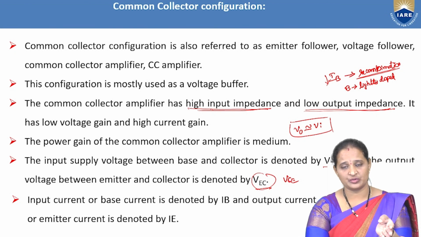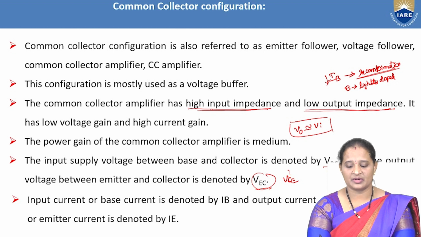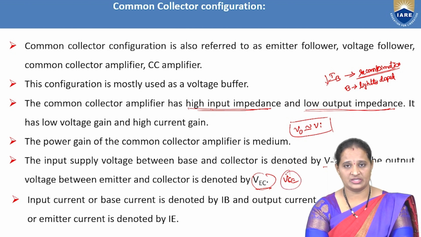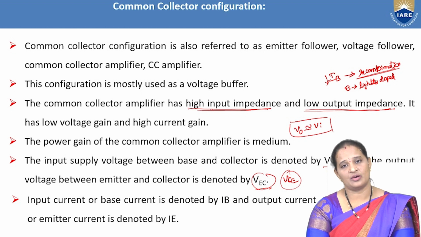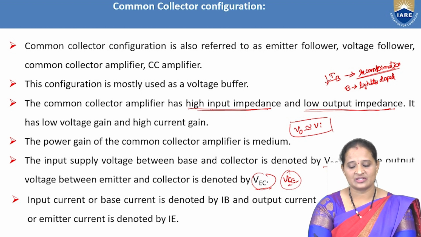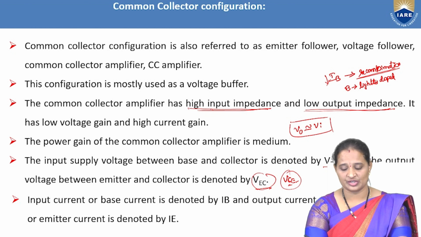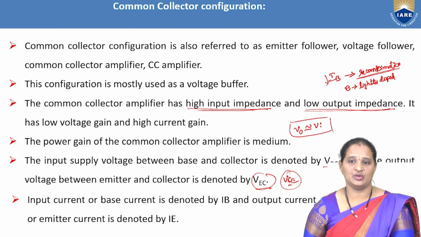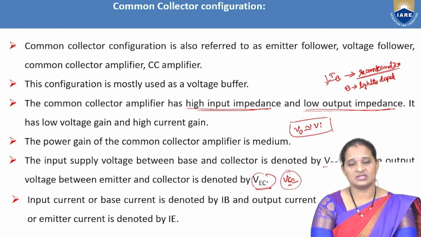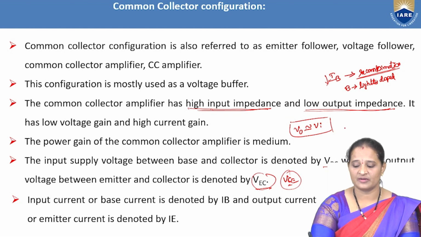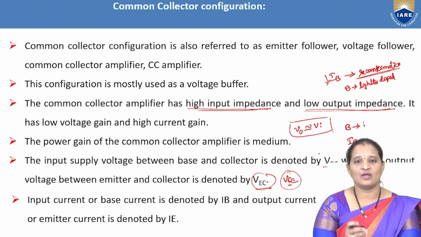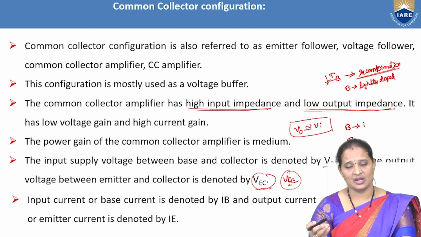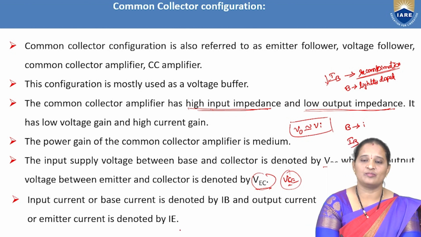As I have told you, whenever we are representing the voltages and currents, the terminal which is at the higher potential should be represented first, whatever the configuration may be. So VCE also we can use. And the input current: what is the input terminal in common collector configuration? Base is the input terminal. So IB will be the input current, and the output is taken across the emitter terminal, hence IE will be the output current.